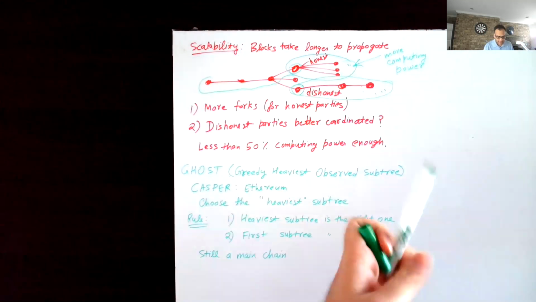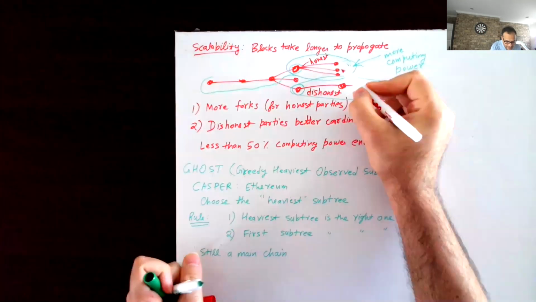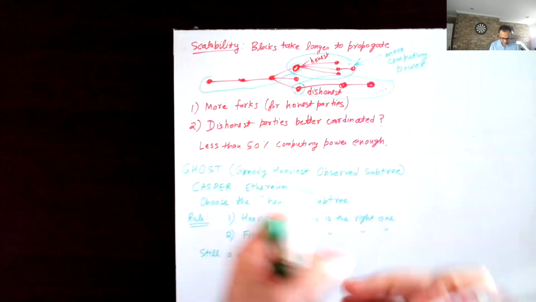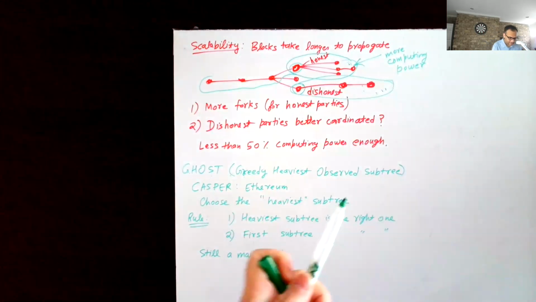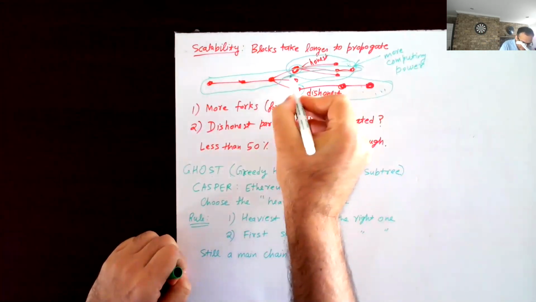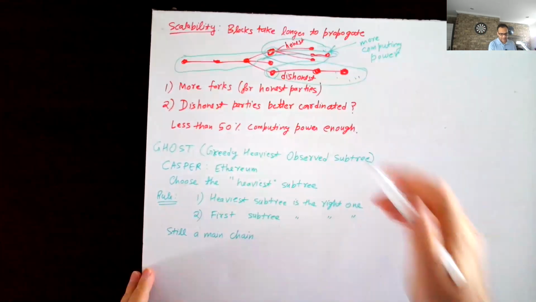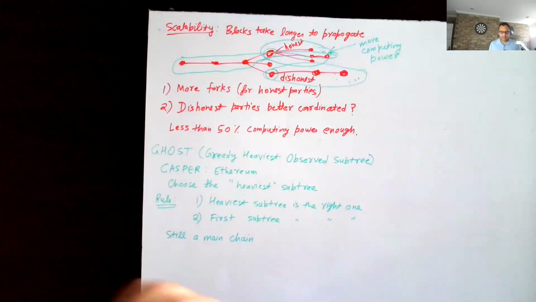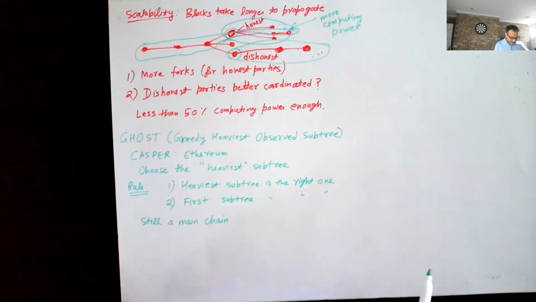Just for simplicity, let me extend this one. So there's still a chain which is represented by this chain in green, and that is still the main chain. Only the transactions which are present in this chain are considered to be valid transactions.